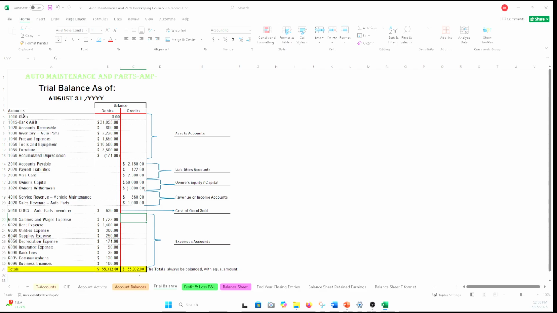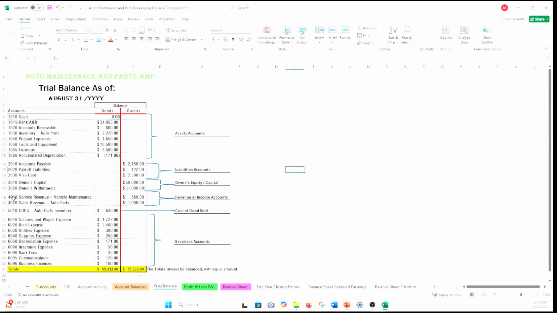If you see, we have here all these accounts that are part of the balance sheet. And also you can see the accounts that are part of the accounting equation, because assets equal liabilities plus owner's equity, and we have the assets.